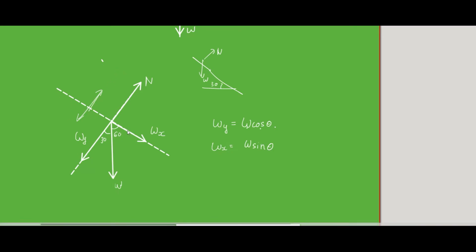We know that the surface is flat. So is this box going to lift from the surface upwards or go into the surface? Is that possible? No. So these forces have to be equal, because there's no acceleration that makes it lift from the surface or push it down into the surface.